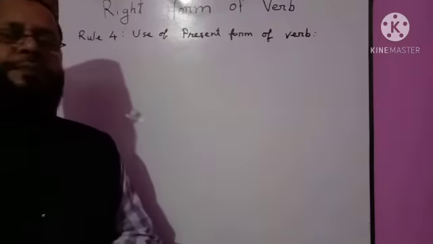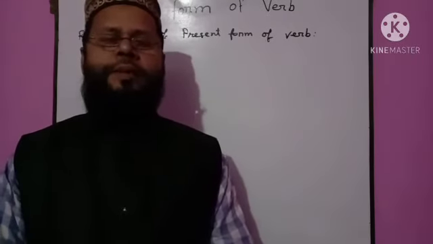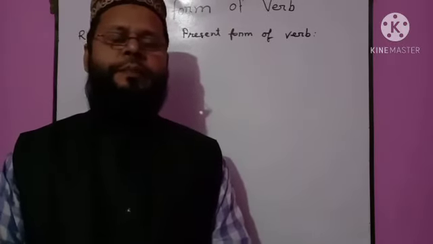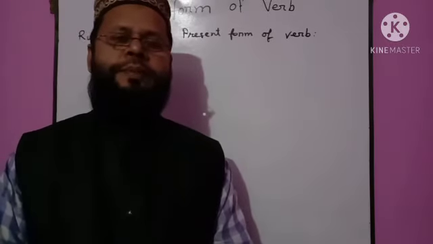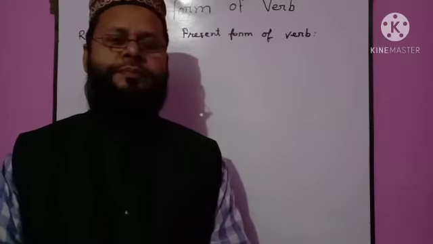In the previous class, we came to learn that there are 5 forms of verbs: verb-base form, present form, past form, past participle form, and verb plus ing form.